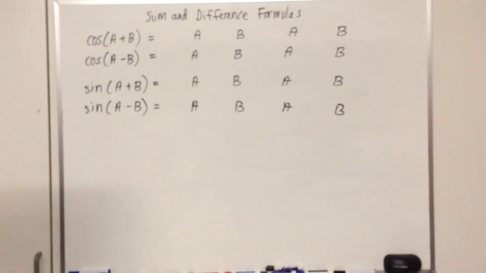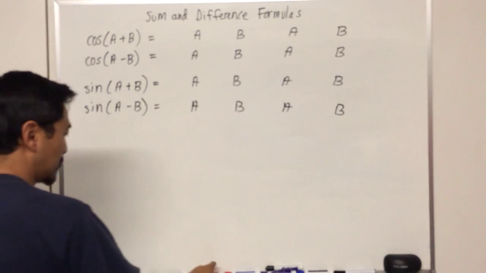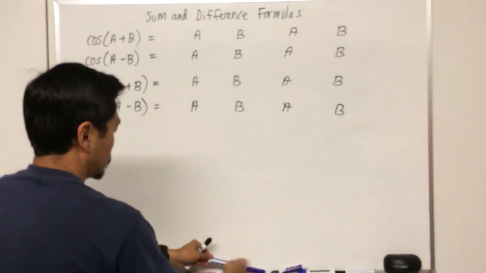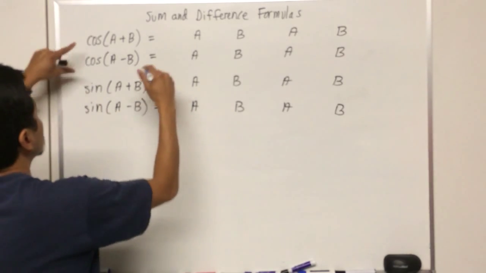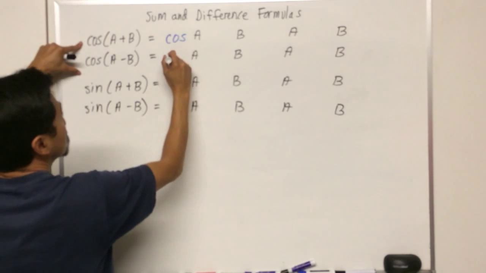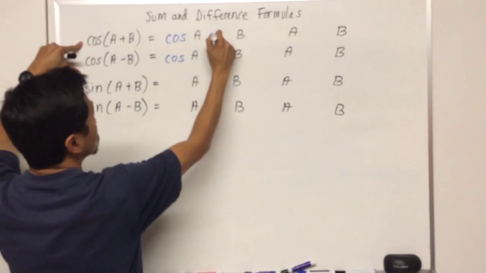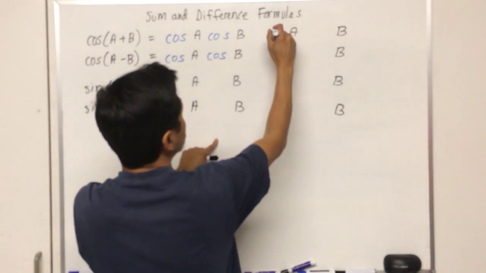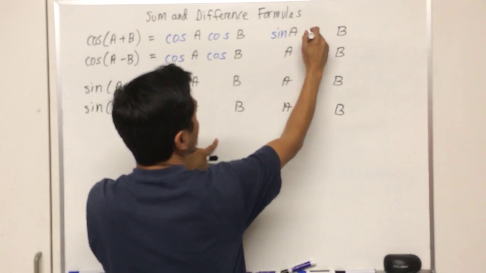Okay. Now for the cosine, the cosine is going to start first. Okay. And then that leaves you with two sines here on the back.